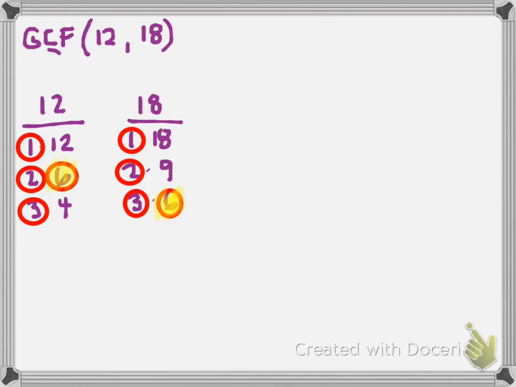The list method is great if you don't miss a factor. In this case, if I would have not remembered that 3 times 6 is 18, I wouldn't have seen that 6 is a common factor, so I wouldn't have called it the greatest common factor.